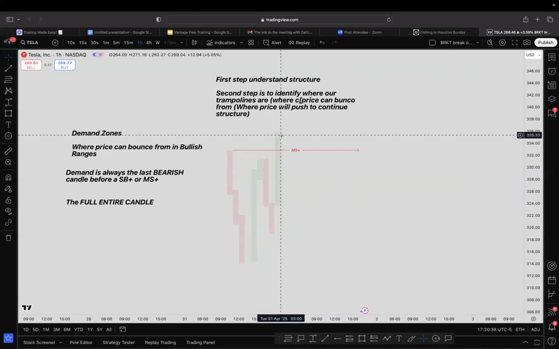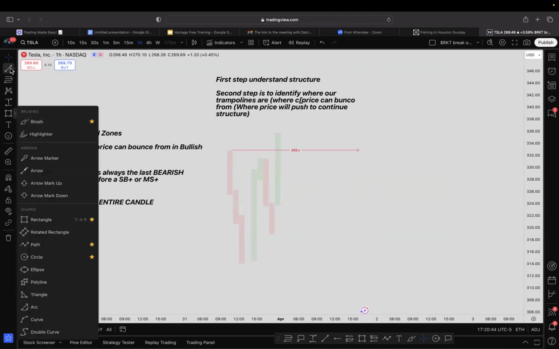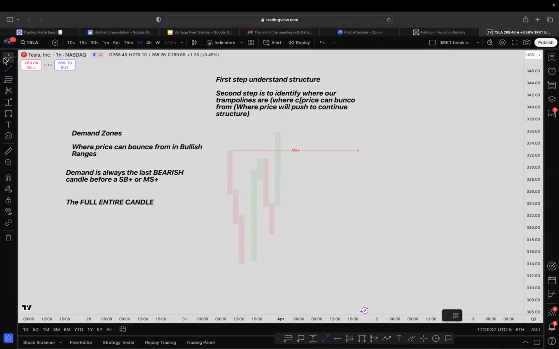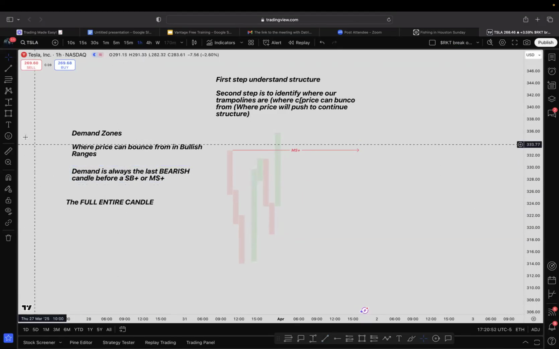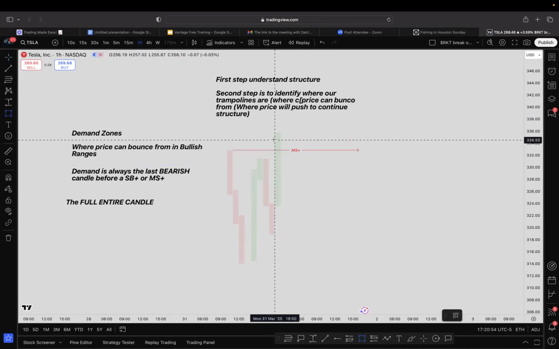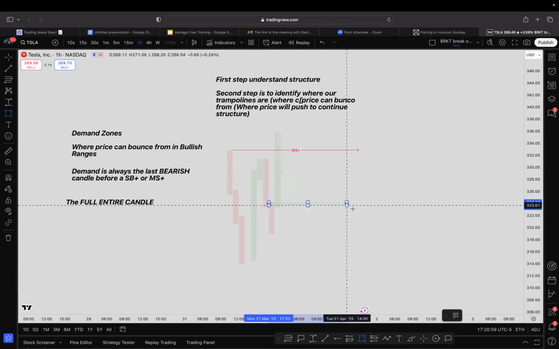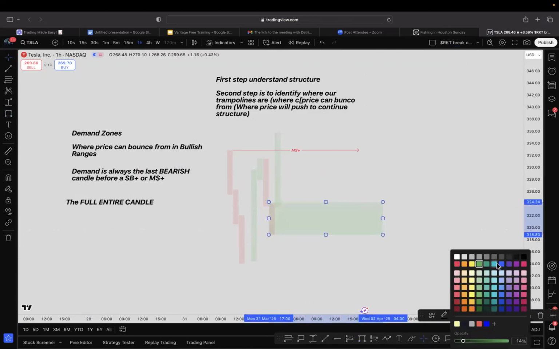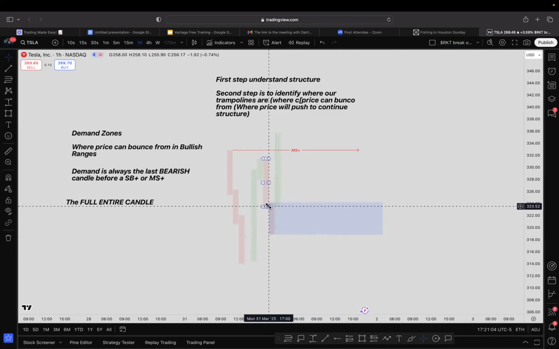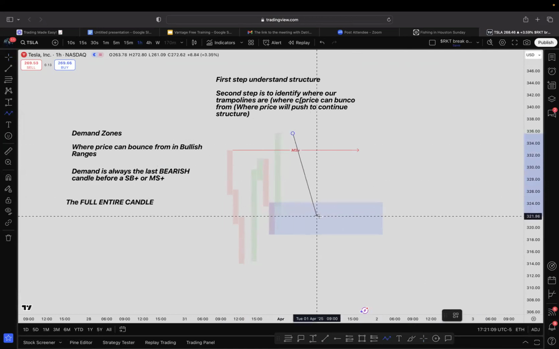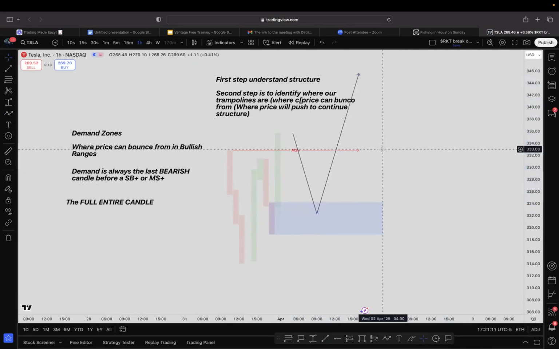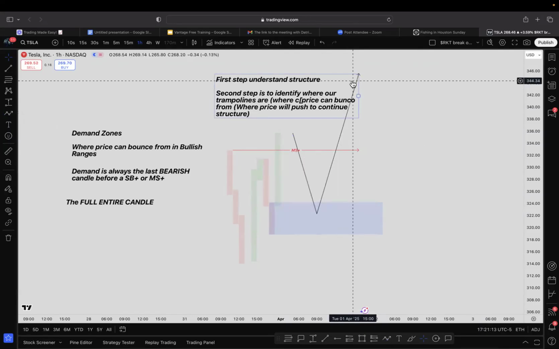Let's say, boom, this green candle gives us that shift. Our demand zone is going to be the last bearish candle before the structure break or market structure shift. So since our shift happened here, our last bearish candle is this red one. So it's going to be the whole zone top to bottom. So I'll make this in blue. So the demand zone is this whole bearish candle. So if price comes back, ideally we would expect price to use it as a trampoline to push higher.